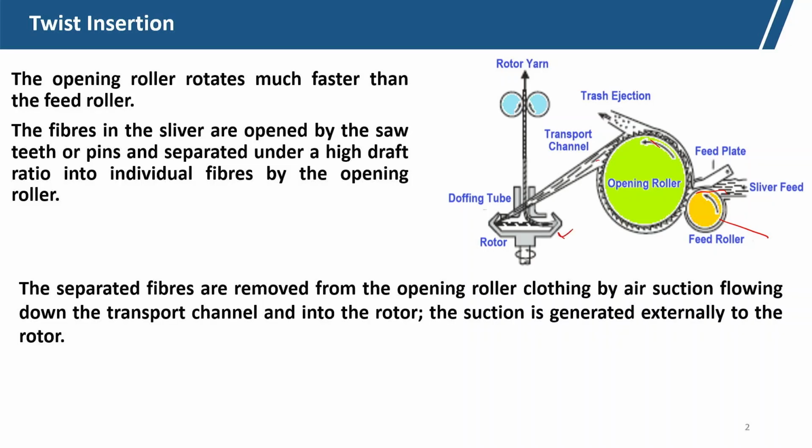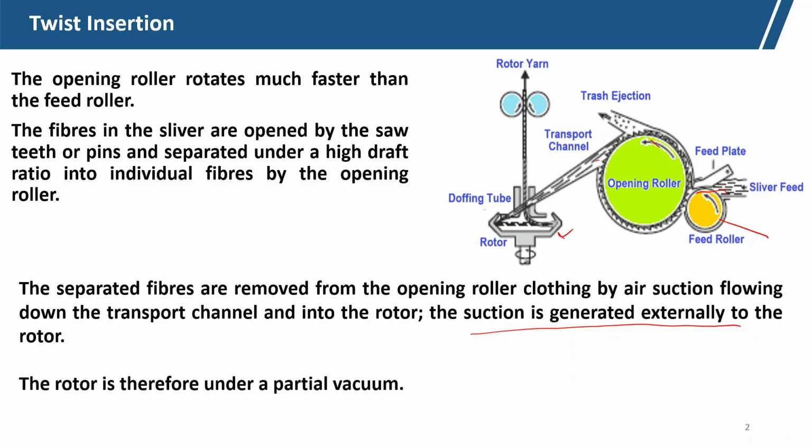The fibers will be sucked from the opening roller and go to the transport channel, but the heavier trash particles are ejected. Suction is generated externally to the rotor. The rotor is therefore under partial vacuum, which will suck the fibers.